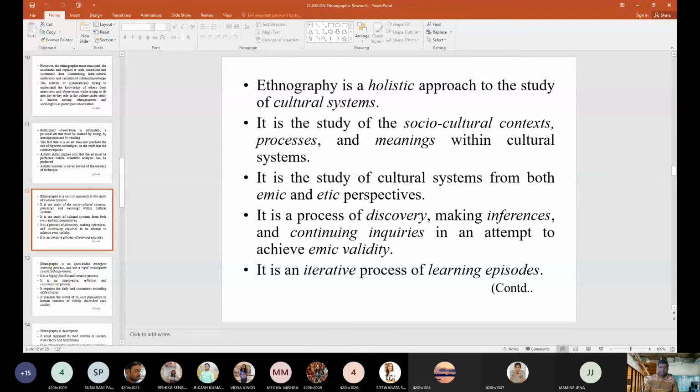If somebody is going to continue with qualitative ethnographic research, this is highly essential, because unless and until you have a much better understanding of this, you will not be able to do it.